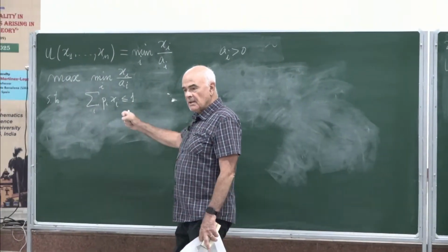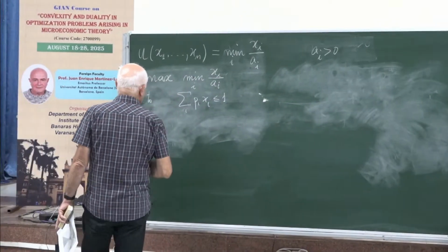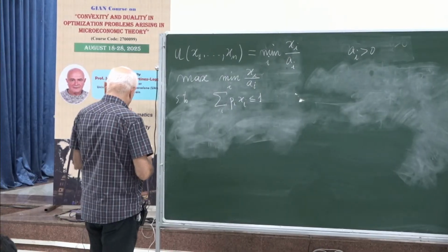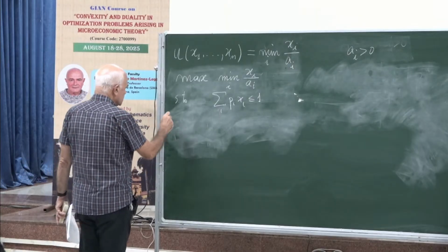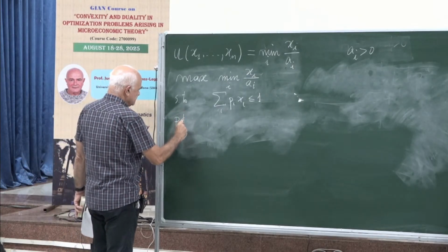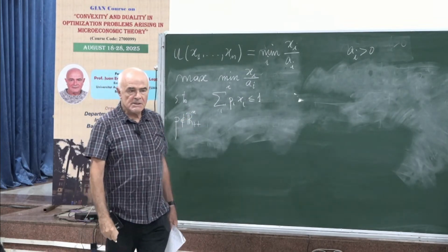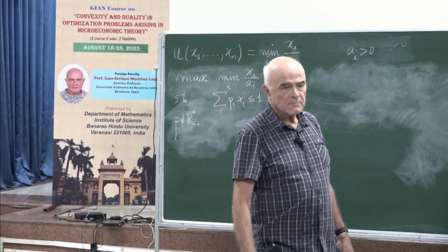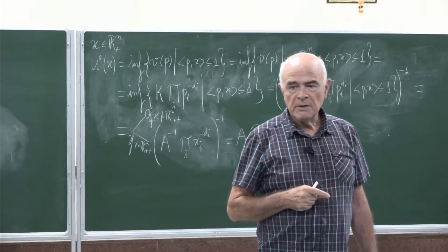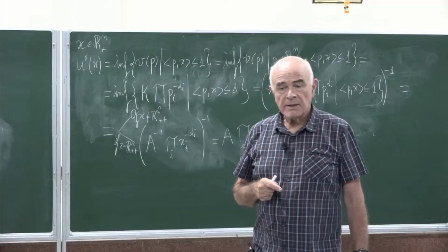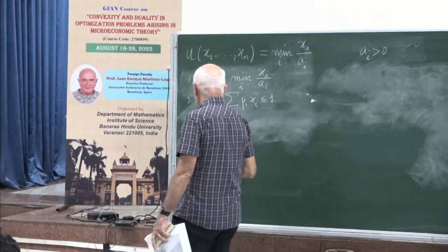I claim that at the optimal solution, well, first of all, as usual, if p is not strictly positive, if some good is free, my demand for that good would be, let's say, infinity, and then I can get a utility equal to plus infinity.